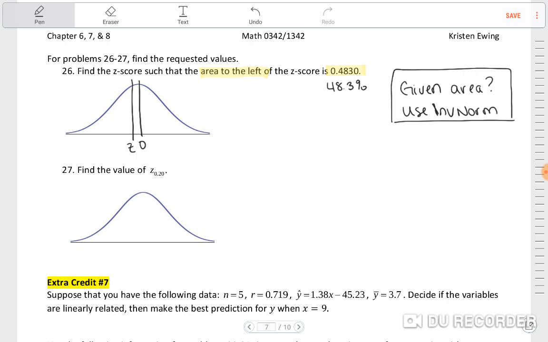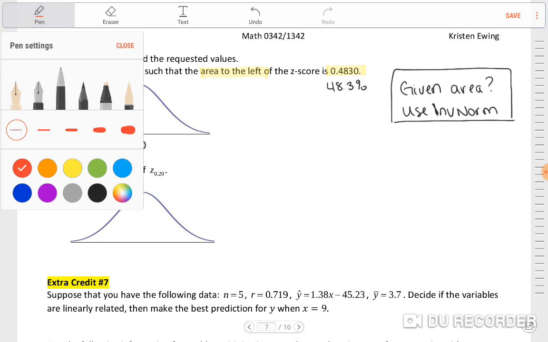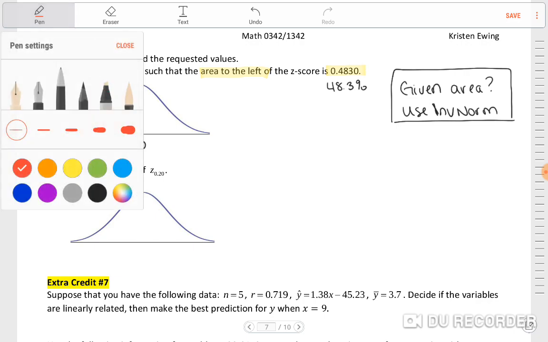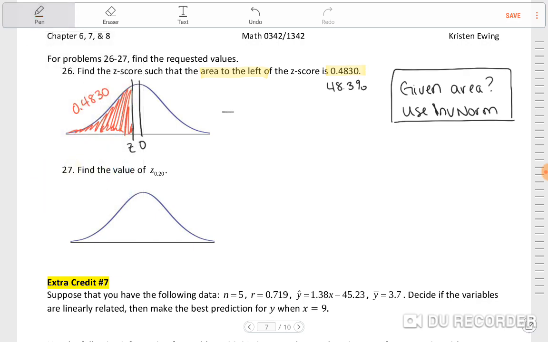Okay, and we're shading to the left, so all of this, and it tells me that this area is 0.4830. Okay, and I'm looking for z. So we're going to use inverse norm, and in order to use inverse norm, it has to be area to the left. So again, on your formula sheet, it actually says area to the left, so it'll tell you that part.